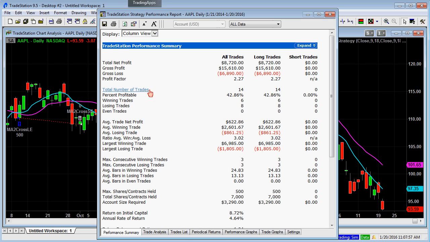I would say here the total number of trades is very low. 14 trades is not a significant or a meaningful collection of trades to base a decision on. Most of the time, traders are looking for over 30 or 40 trades to have something that is more meaningful than just 14.